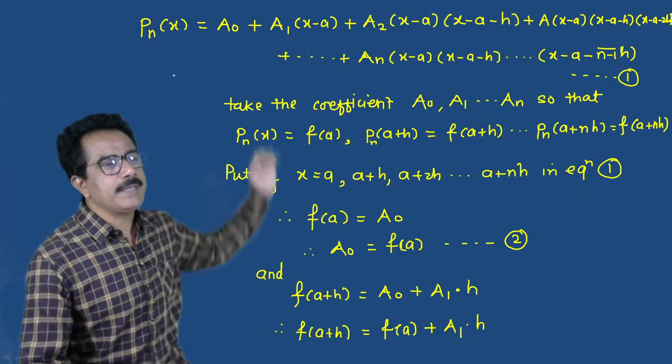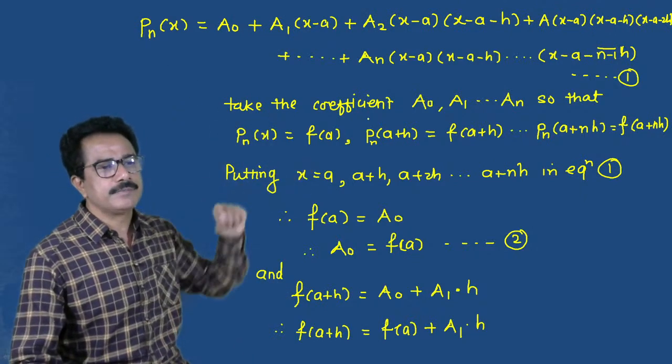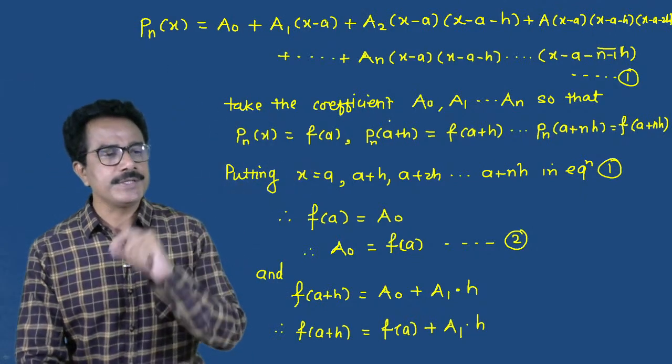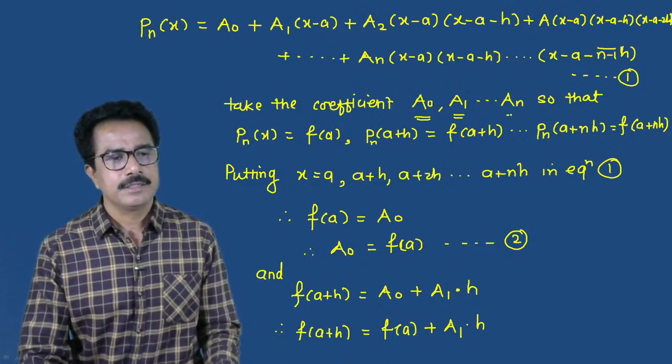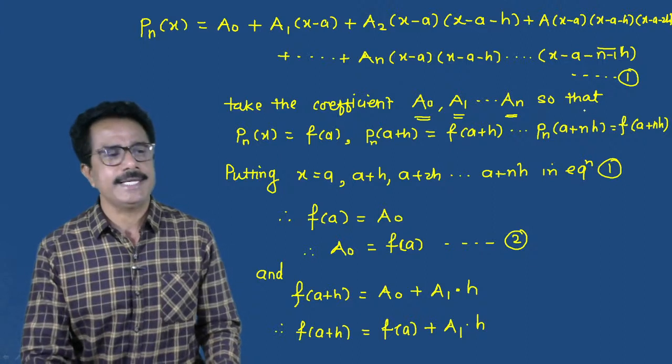So Pn of x takes the coefficients a0, a1, an.